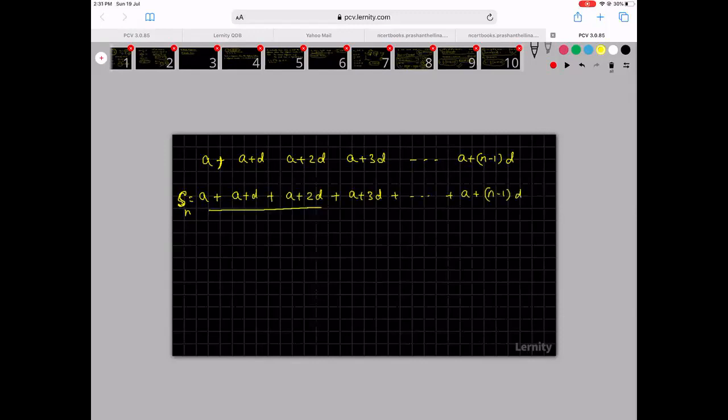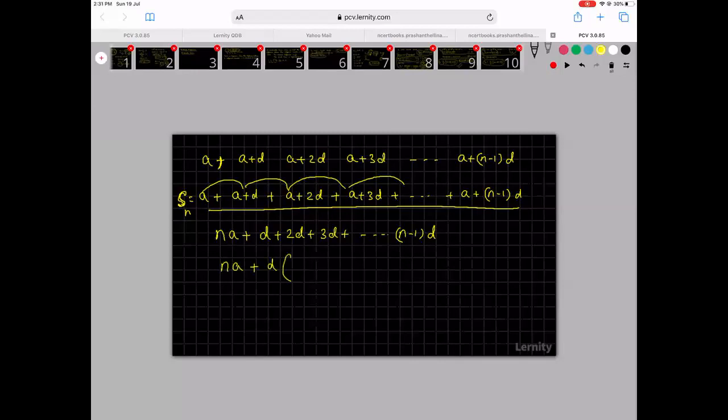Now how many A's will be there? n A's will be there, so I just added them. Then I will have d plus 2d plus 3d plus so on up to n minus 1 into d. So now I'll take na plus I will take d common. If I take d common, what will I get? 1 plus 2 plus 3 so on up to n minus 1.